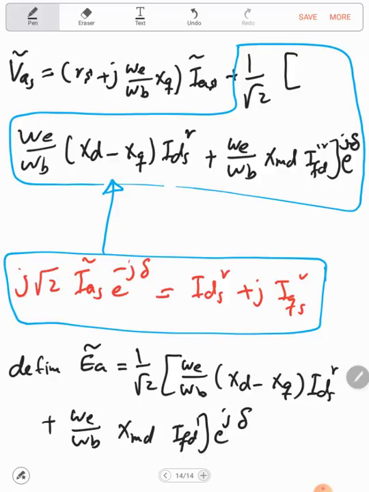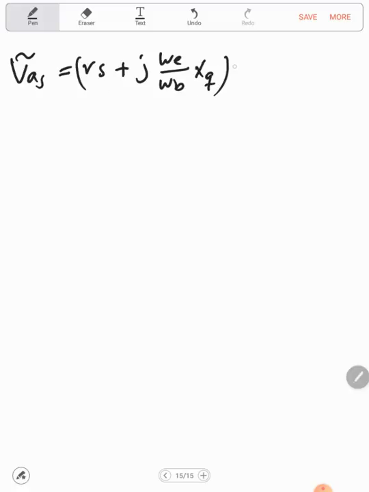In this case, we will reach the steady state voltage equation of the synchronous machine, which is VAS as a phasor equal to RS plus j omega E over omega B XQ IQS plus EA as a phasor.